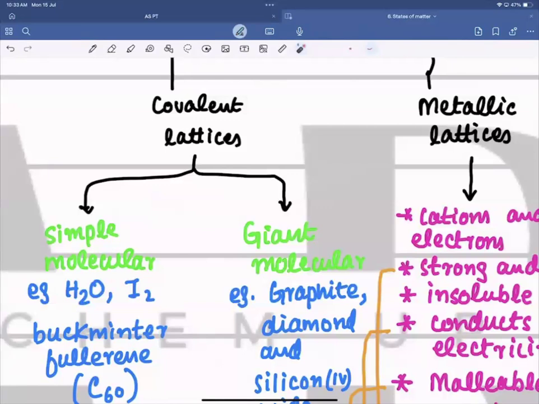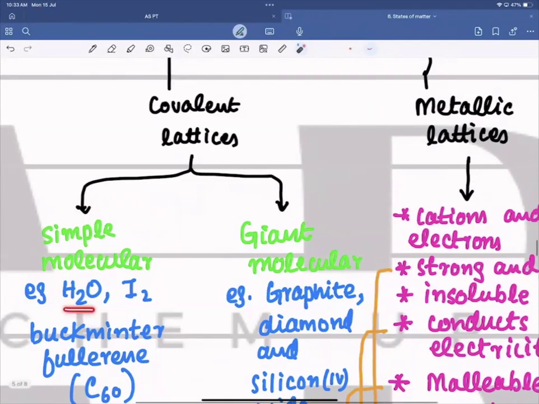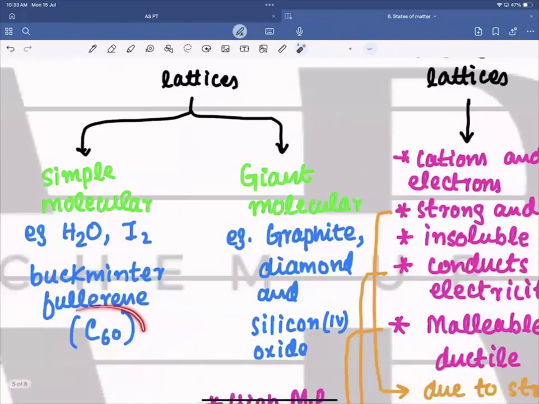All of them belong to simple molecular structure. All the molecules, all the shapes, all the structures that we did in covalent bonding in the previous chapter. Here I take three common specific examples of simple molecules: water, iodine, and Buckminster fullerene, which is a molecule of 60 carbon atoms.